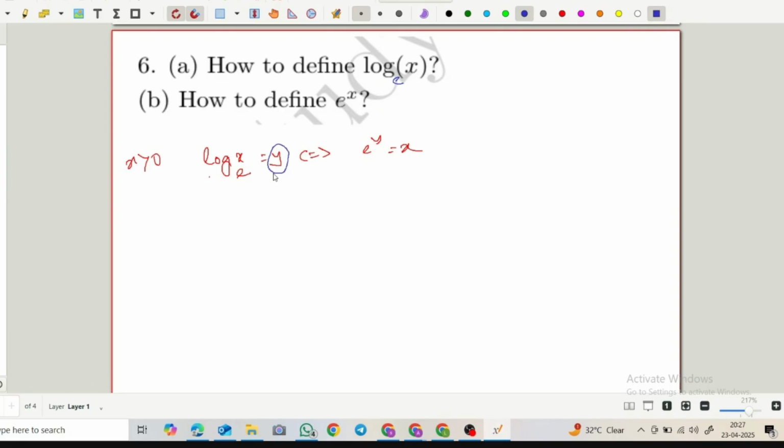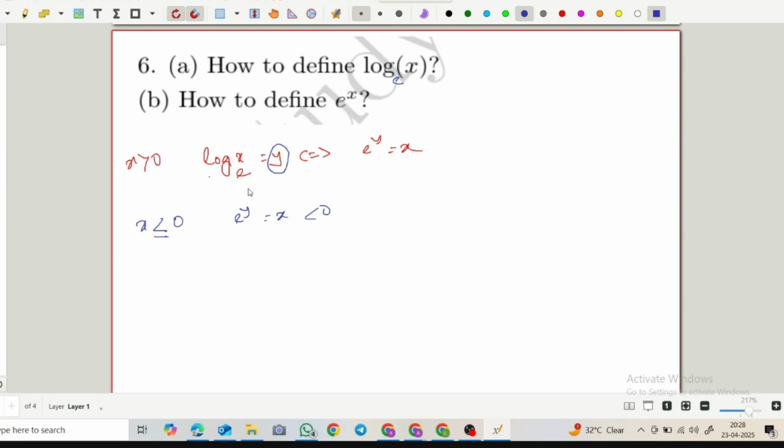What guarantees us that there is a real number y whenever we take a positive x such that e to the power y is x? Because if x is less than 0, then no such y exists, right? Because e to the power y is always positive. So for no negative x or even 0, such a y exists.